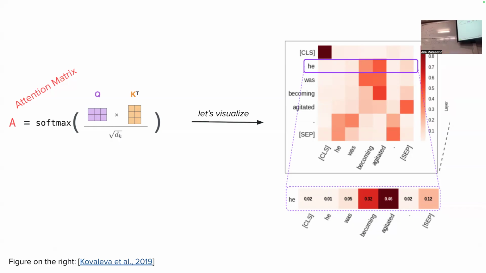We can just hypothesize, but maybe if we have seen a lot of these matrices across many inputs, and all of them have very high values for main noun like subject and a verb, we can make that hypothesis.